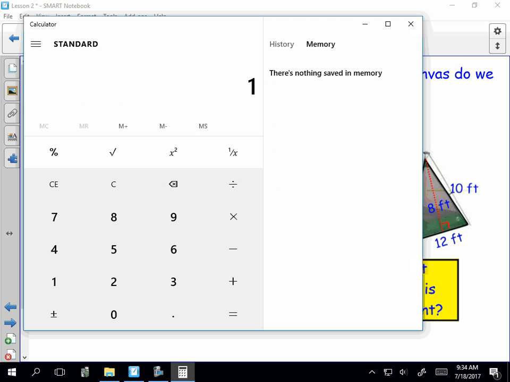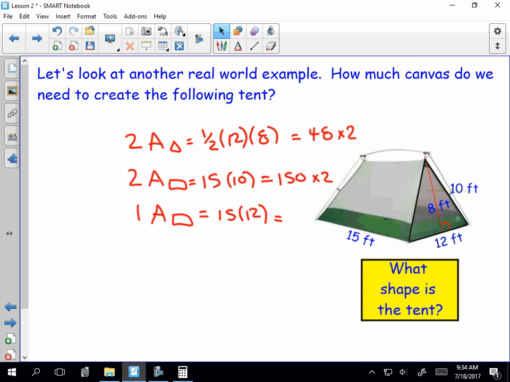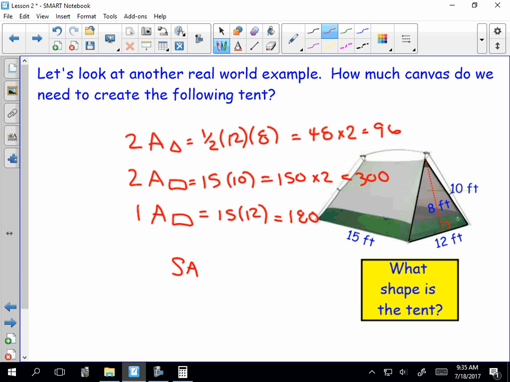Okay, not trusting myself there, so I'm going to go to the calculator to make sure that we're perfect there for 180. Okay, and that is that singular measurement. So we've got 300, we've got 96, and we've got 180, and we add that all together to create our surface area, the sum of all of these pieces.